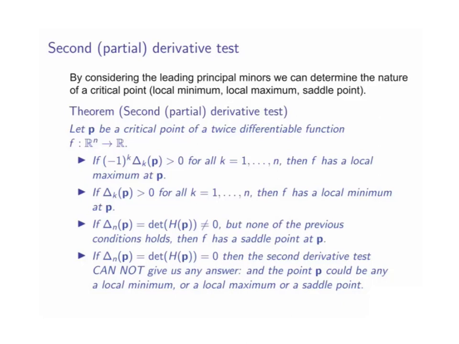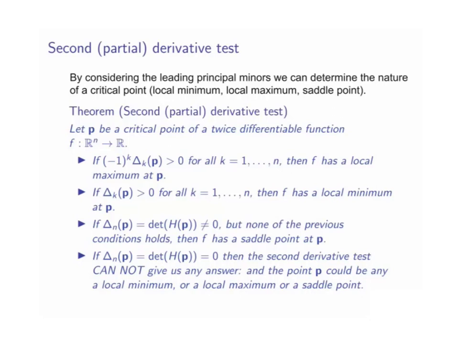We are now ready to refer to the theorem for identifying critical points of a function with several variables. This theorem is called the second partial derivative test for functions with several variables.